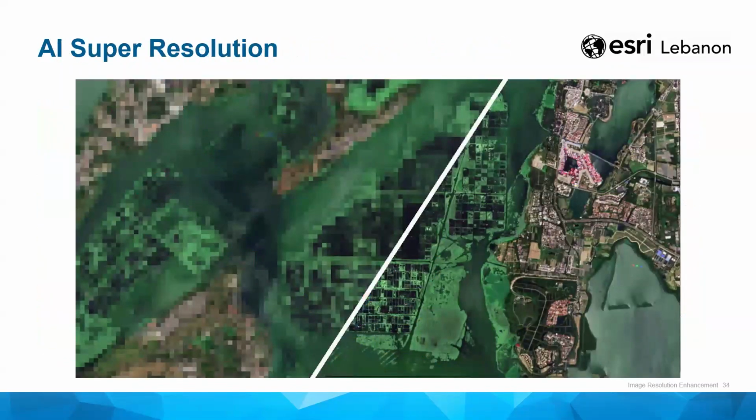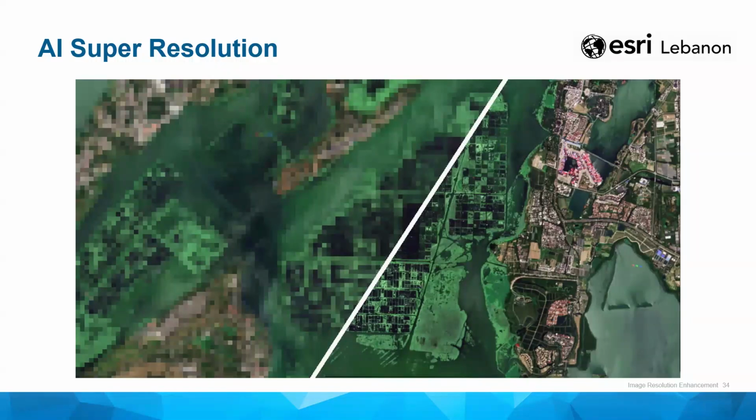Okay. Another task that we are interested in today within deep learning is enhancing image resolution. In this example, you can see what that means in practice. On the left is the original low resolution imagery where everything is blocky and it's hard to tell what's what.